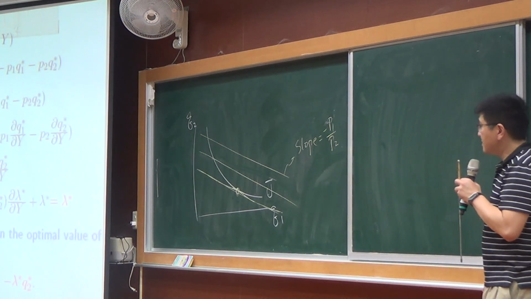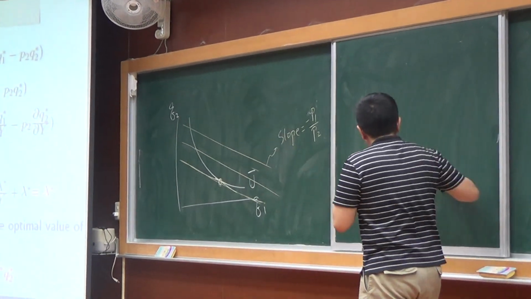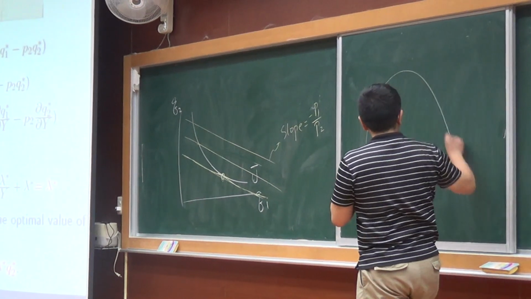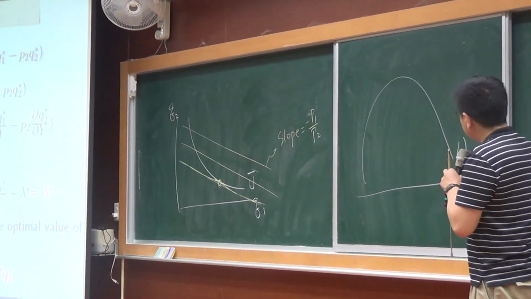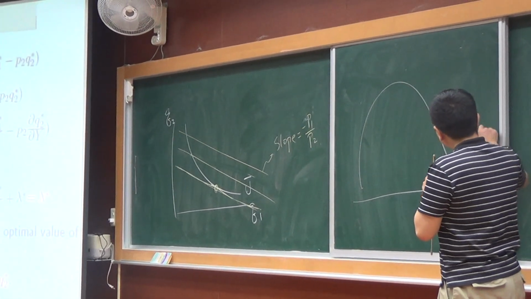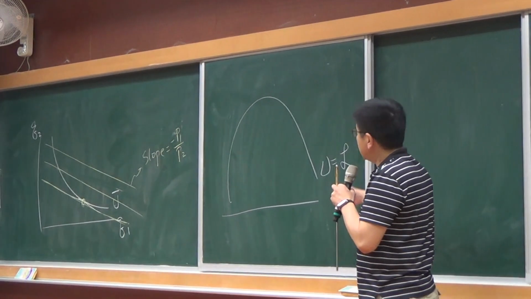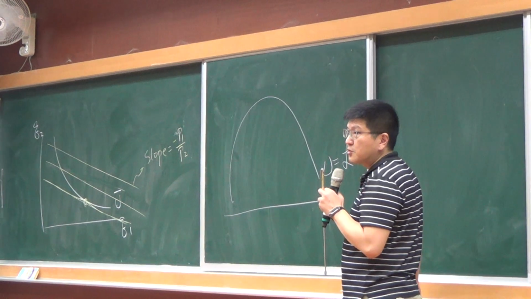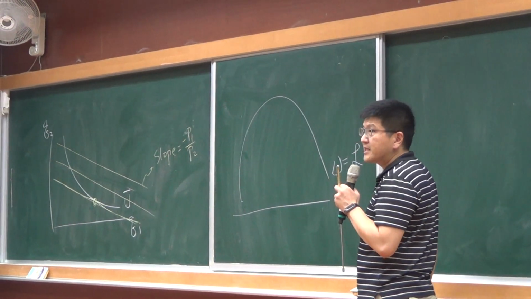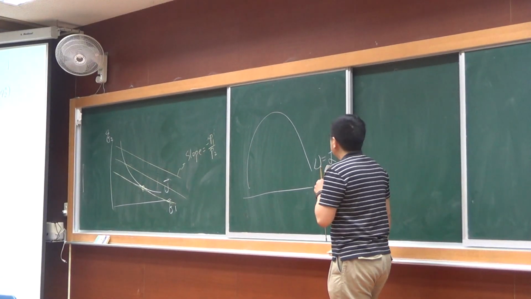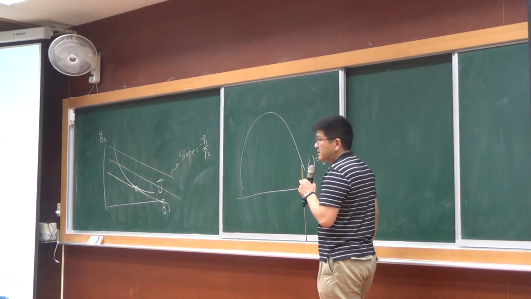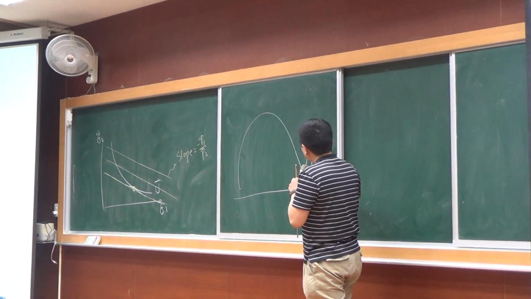Let me explain in more detail. So if this is the utility, which is actually the Lagrange, okay? Because the constraint in the Lagrange function would be satisfied at the optimal solution.